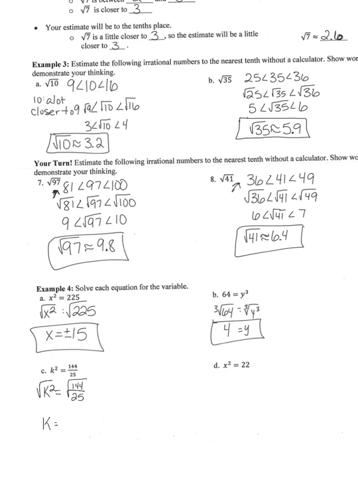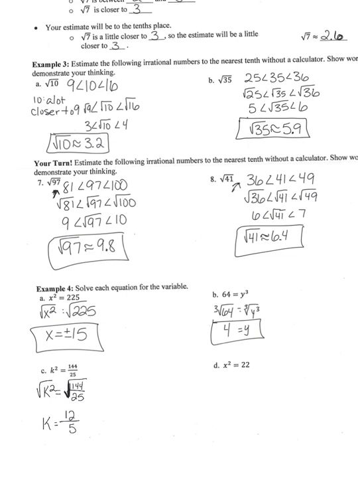And now we have to find the square root of 144 over 25. When I look at both of those digits there, 144, I know that the square root of 144 is 12. And the square root of 25 is 5.